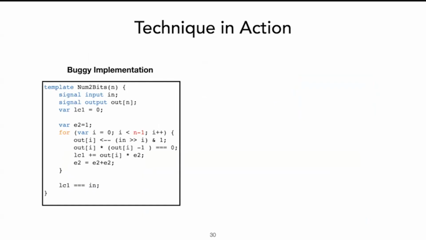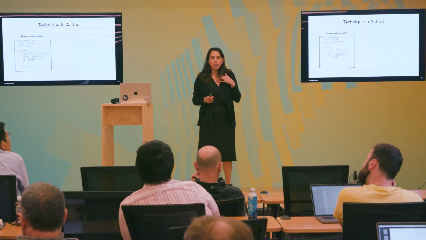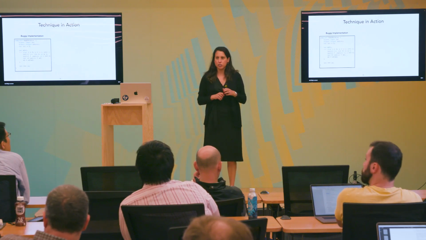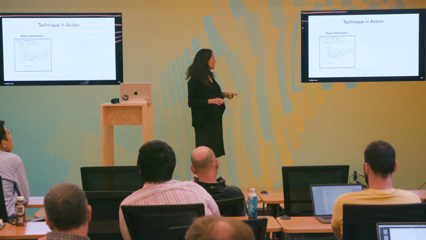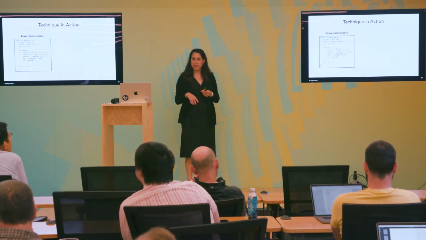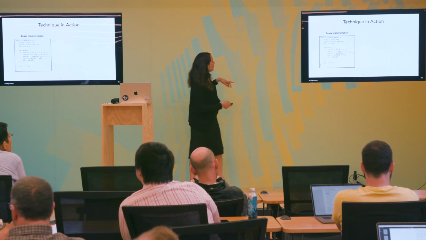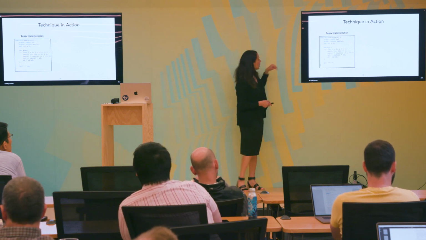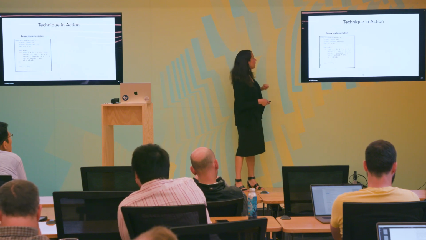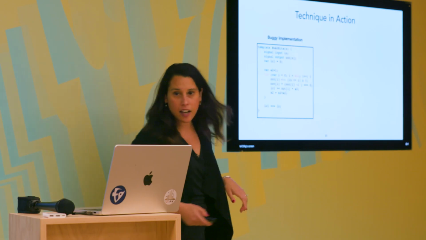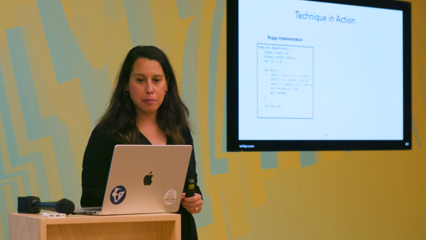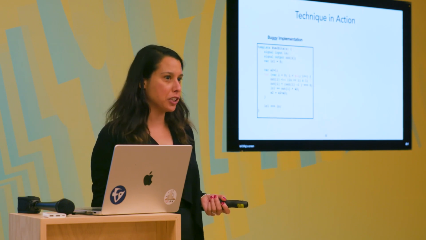So how many of you here are familiar with Circom, one of the circuit languages? Okay. Anyway, for the purposes of this talk, you don't need to be able to read Circom code. But basically, as you can see, there's an input signal, there's an output signal, and there are some intermediate variables here. And as I highlighted here, the problem is the loop termination condition.